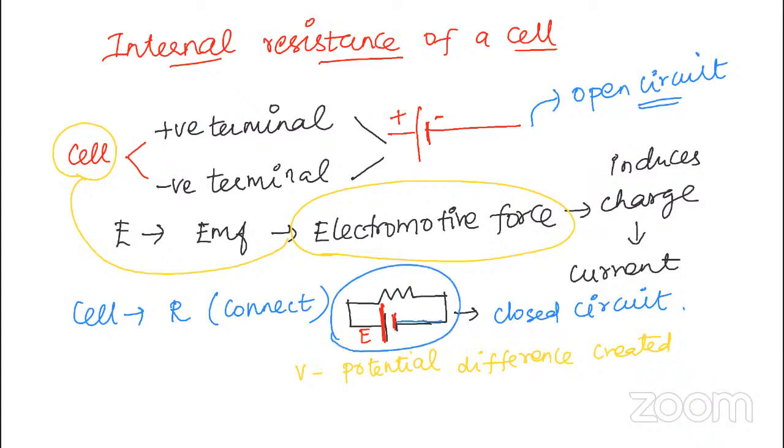So we have an open circuit and a closed circuit. If the cell is not connected to any other accessories, it is an open circuit. Suppose it is connected with a resistance or battery, then it is a closed circuit. So this is the general idea about the cell.